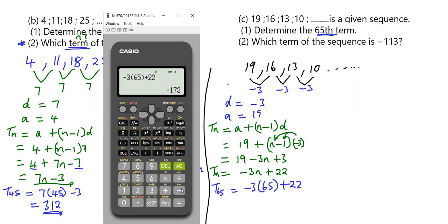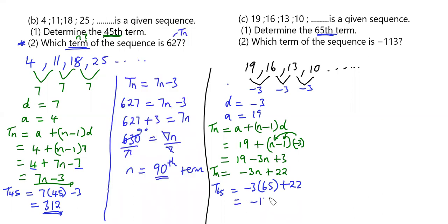We get negative 173. That's our answer, the T65. And it makes sense, because the values are decreasing, so our 65th term is going to be negative because we are going in the negative direction.